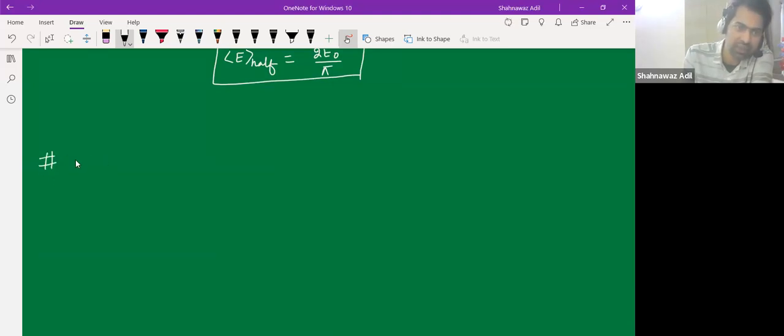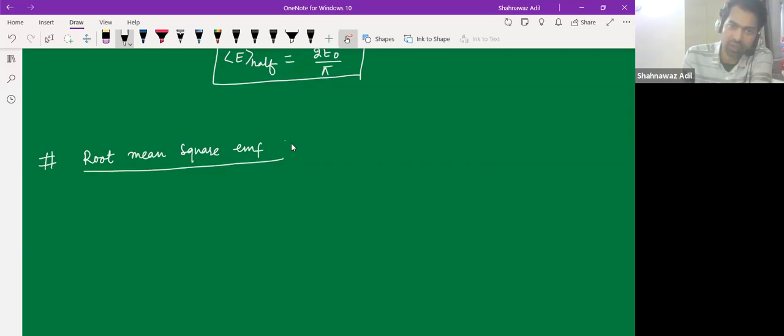So next is the RMS, which is called the root mean square. So what is root mean square here?